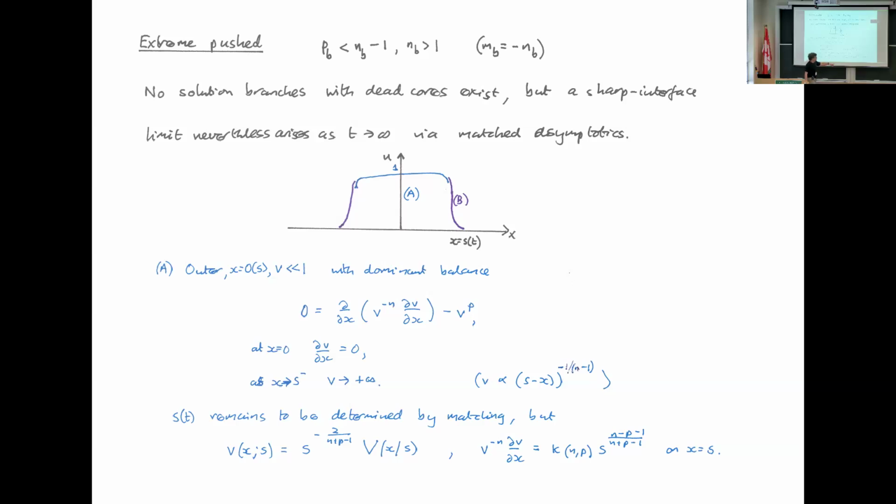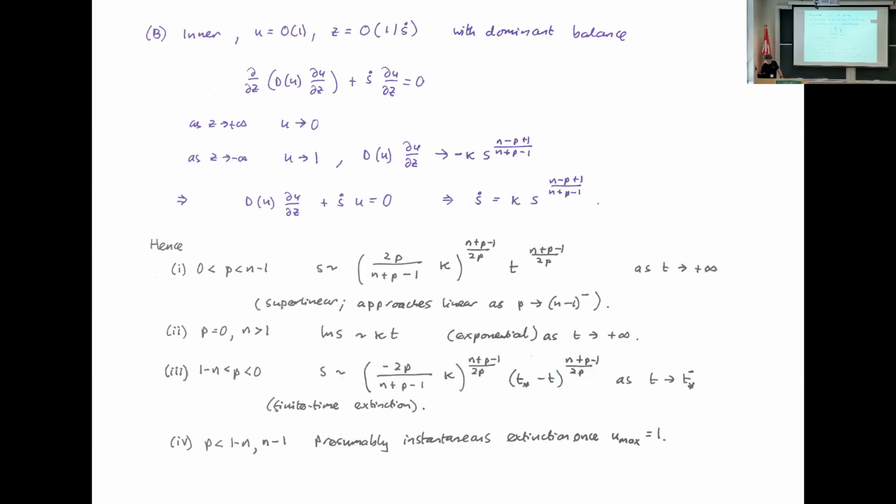The matching condition that's going to end up determining how S evolves is this one here, which is telling you, in effect, the flux of material, the number of extra new cells being driven by cell division in region A, being pushed into region B. Okay, and then the inner region, region B, the dominant balance, S dot is much bigger than 1 again, but now rather than the second derivative term being negligible, the source term is negligible.